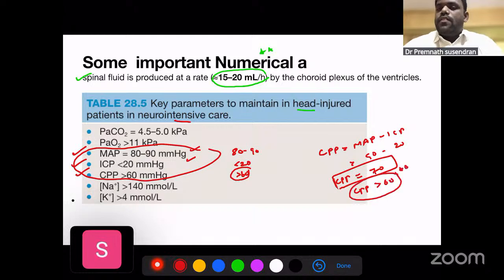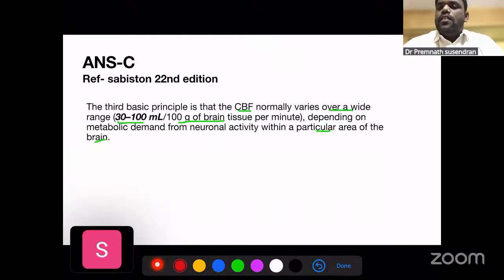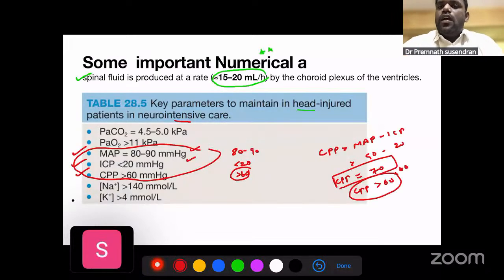So cerebral blood flow rate is 30 to 100 ml per 100 gram of brain tissue, and spinal fluid is produced at a rate of 15 to 20 ml per hour. The mean arterial pressure is 80 to 90 millimeter of mercury, the ICP is less than 20 millimeter of mercury, and the cerebral perfusion pressure should be maintained at more than 60 millimeter of mercury.